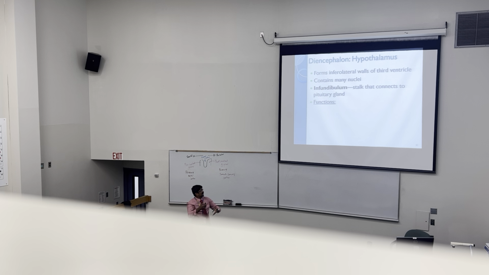But here is the master control of the autonomic nervous system. It produces hormones which either inhibit or stimulate pituitary gland hormones, and we have two that are produced by the hypothalamus, stored in the posterior pituitary gland and released from there.